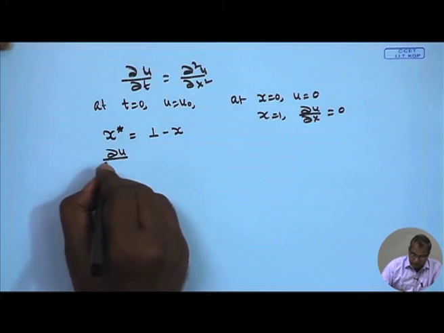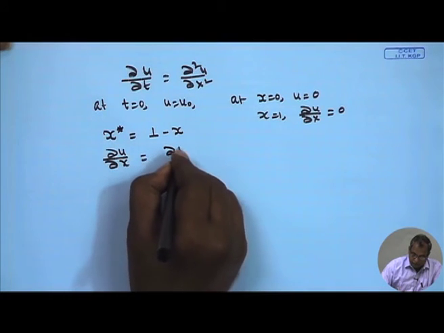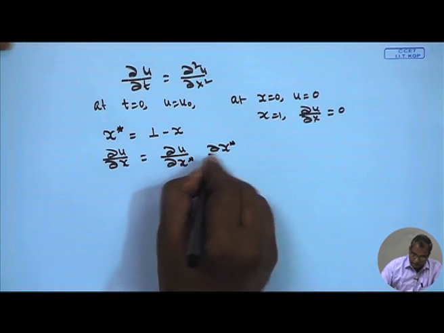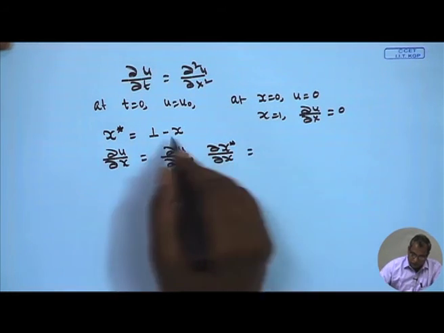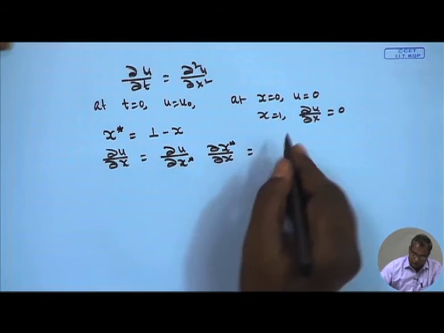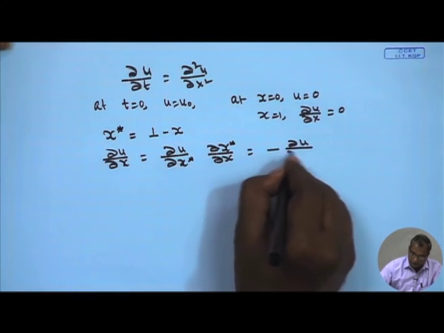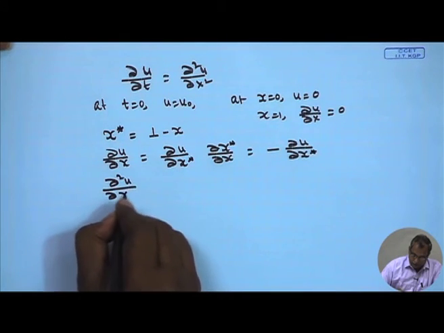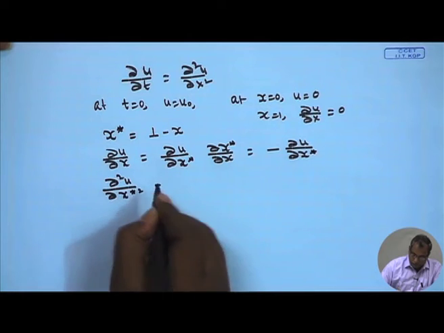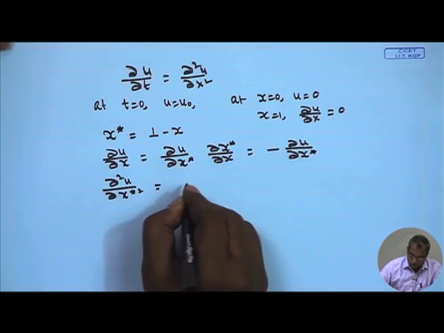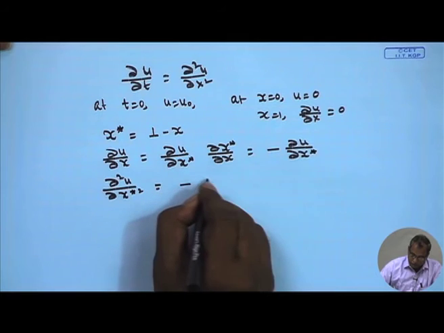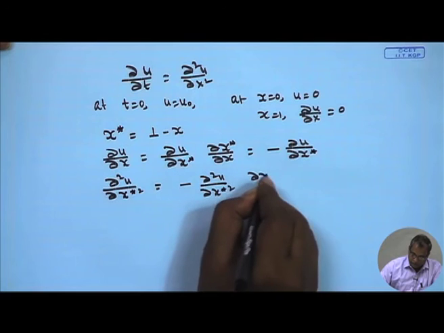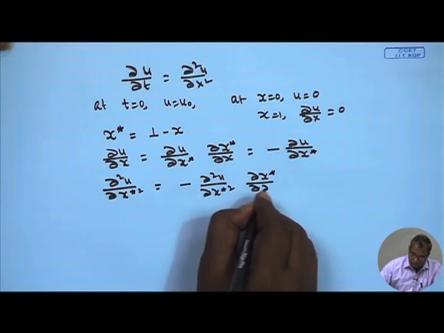What is del u del x? Del u del x is equal to del u del x star times del x star del x. So, del x star del x will be minus 1, so minus del u del x star. And del square u del x star square will be, one more derivative, minus del square u del x star square times del x star del x.